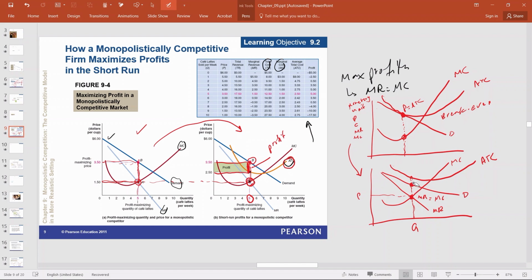So this area now is loss. So here, average total cost is greater than price. So all this area now is the loss.